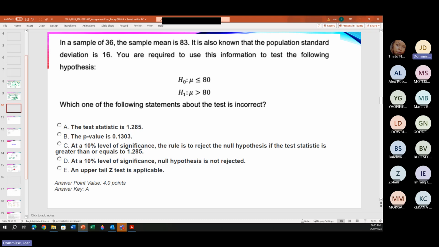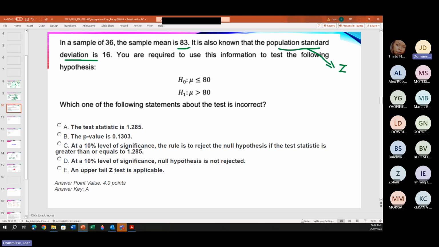So in this question, they said, okay, in a sample of 36, the sample mean is given, and the population standard deviation is 16. Population standard deviation tells me automatically that I'm working with a Z. Okay, so population standard deviation is known, working with a Z. Now they ask us a few things.